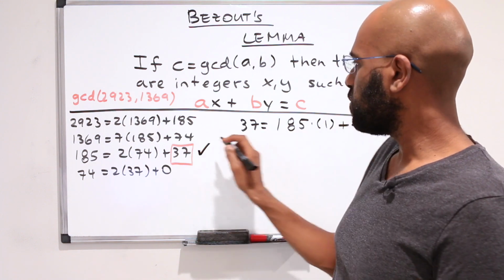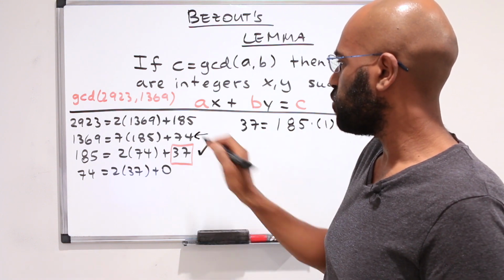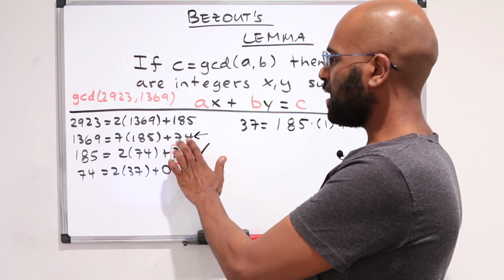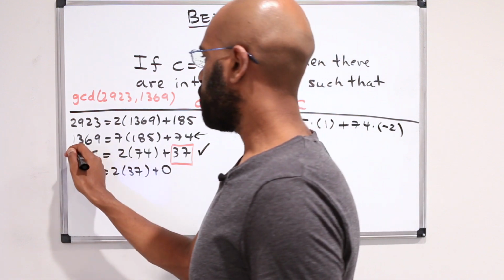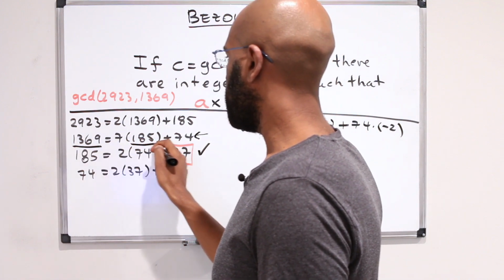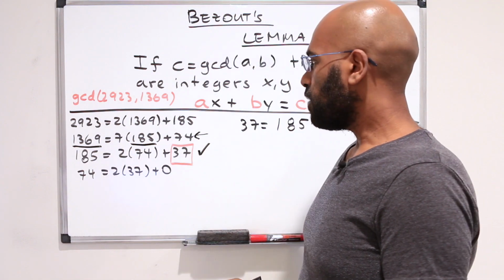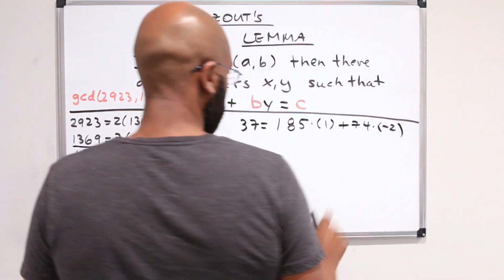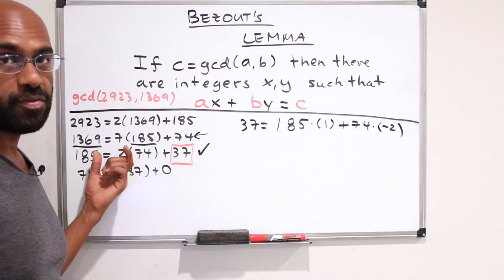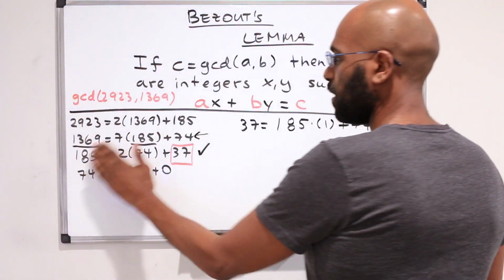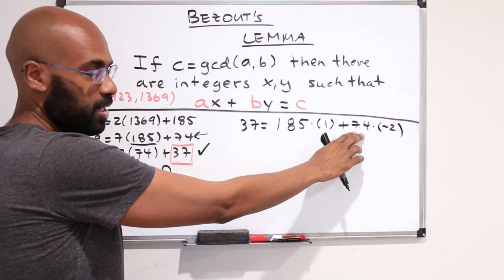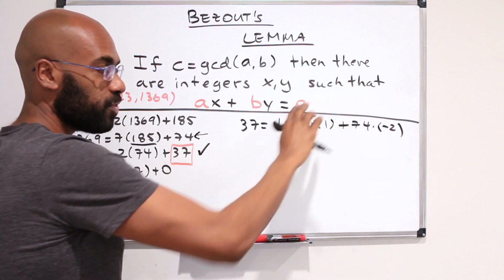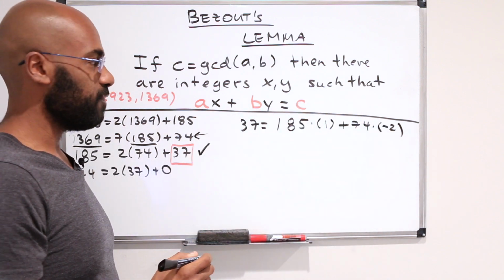We can now do a similar substitution using this equation right over here, where we can write 74 as an integer combination of 1369 and 185. Right, so as a consequence, if we replace the 74 with this combination of 1369 and 185, we'll have this in terms of 1369 and 185, which will make this whole thing in terms of 1369 and 185.